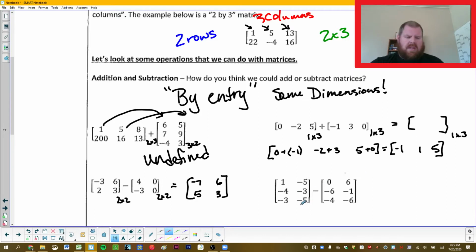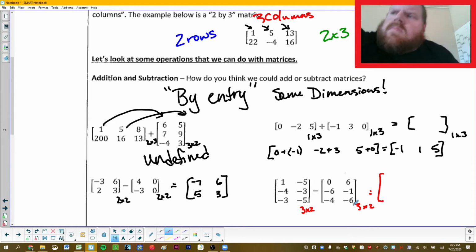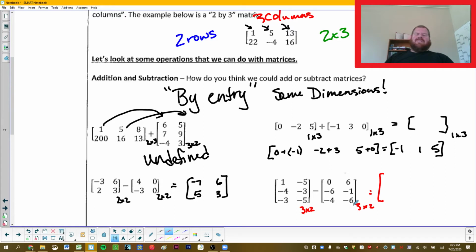Again, this one is a 3 by 2. This one is also 3 by 2. So they will add or subtract, and the result is a 3 by 2 matrix. So let's see what that looks like.